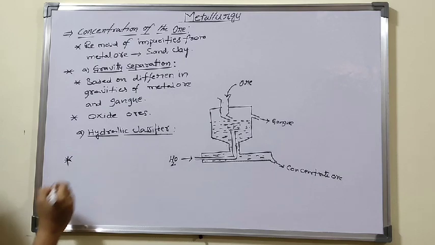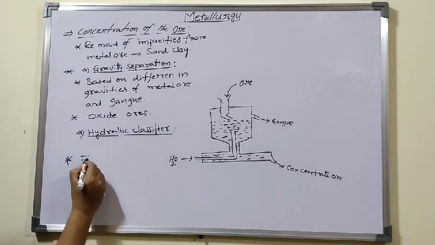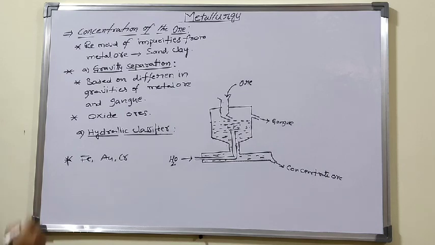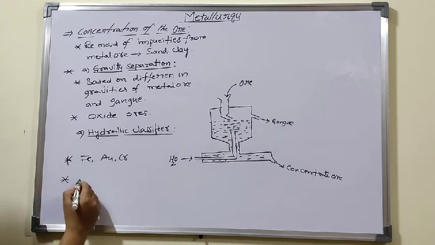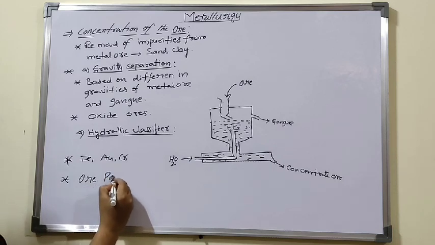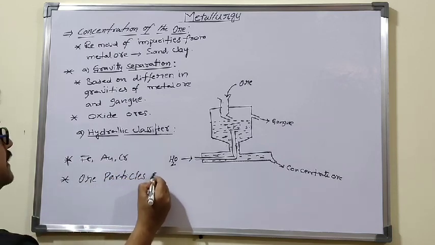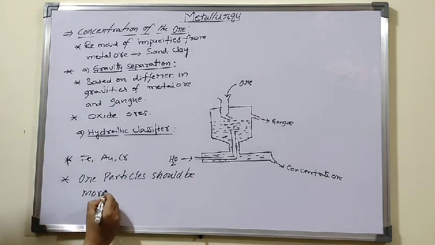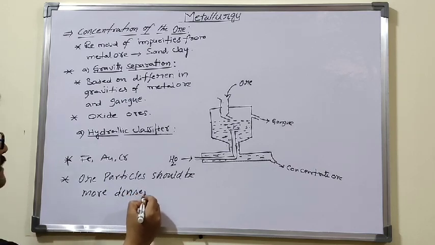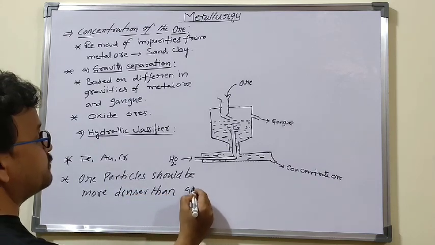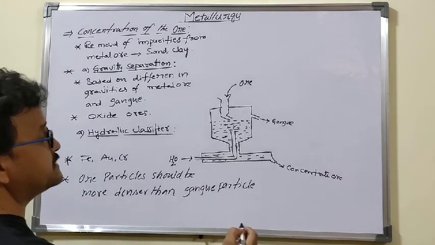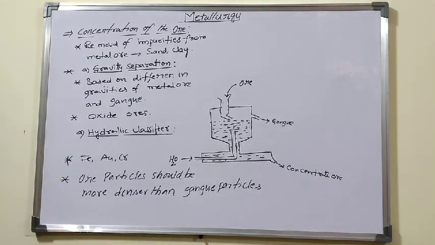What type of metals can be separated by this method? Metals like iron, gold, chromium. And here we have to remember that ore particles should be denser than gangue particles.